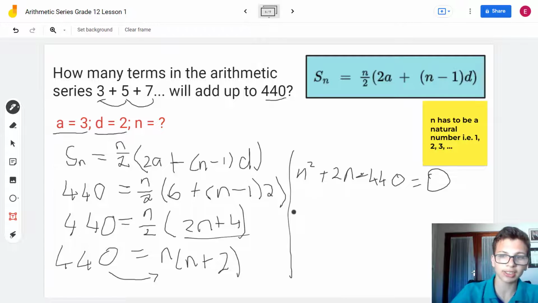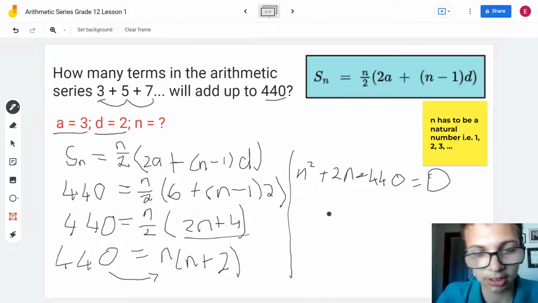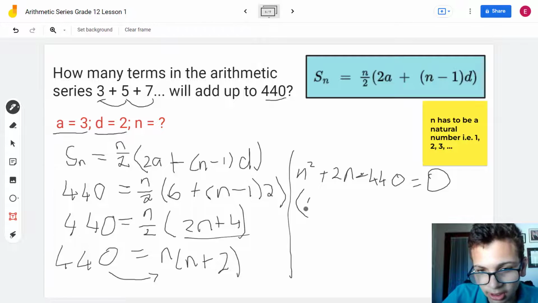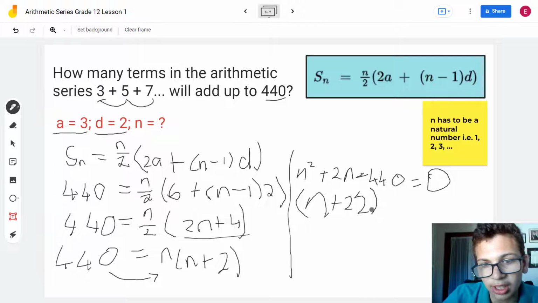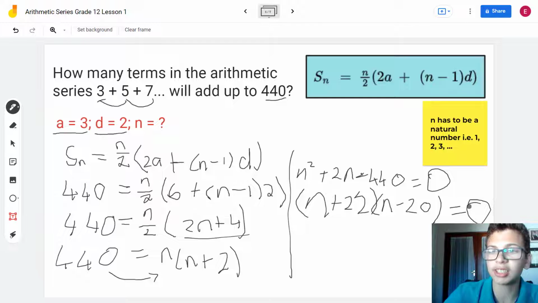And we can just factorize this. This is a binomial. We know how to factorize this as n plus 22 and n minus 20 equals 0.